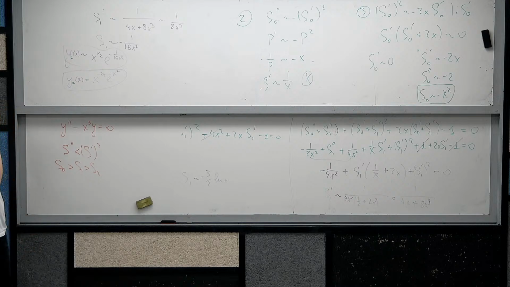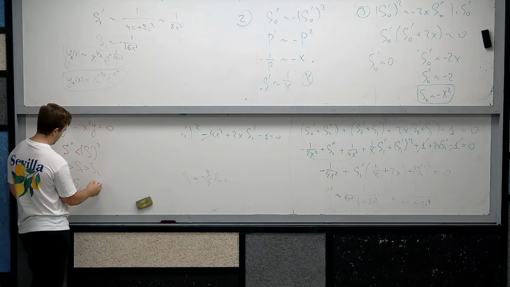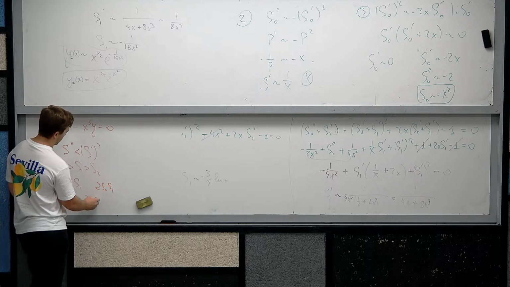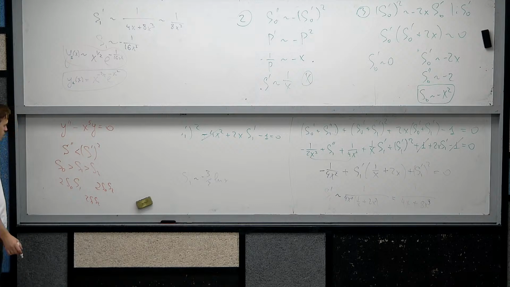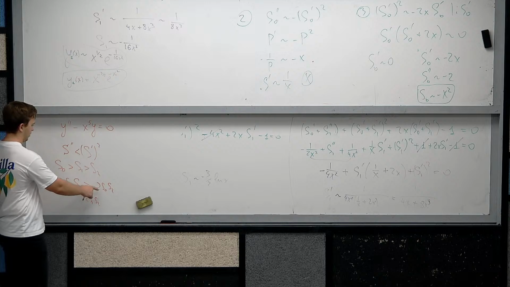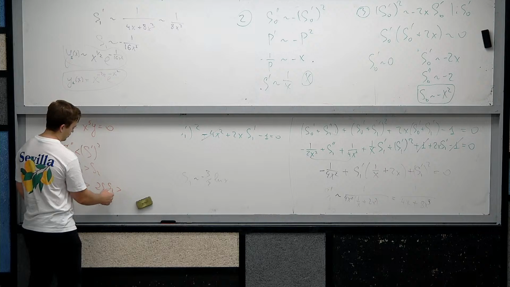Then you look at the cross terms like S naught S1 or S naught S2 or S1 S2. Begin with the bigger one. So this one is bigger than this one, and this one is bigger than this one.